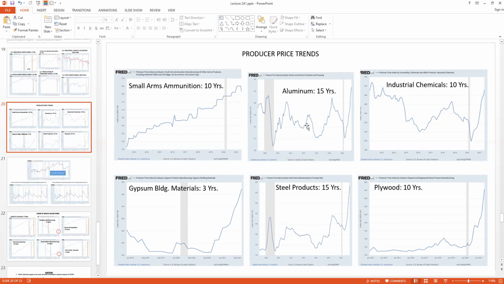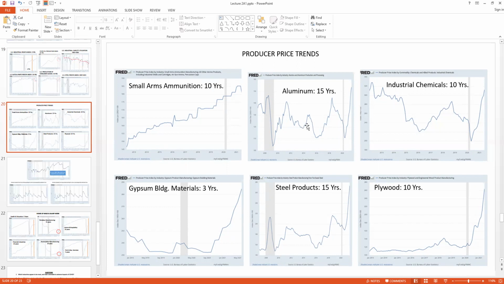But as a result, the supply has gone down, the demand has gone up, and so prices have gone up, even though production has gone down.